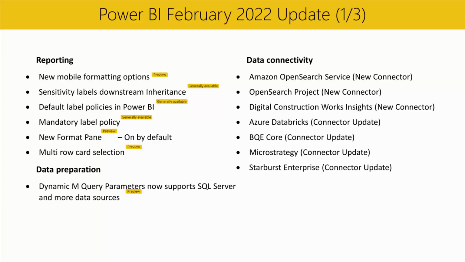Simply enter the project URL in the connector's configuration screen and click OK. We've also updated the Azure Databricks, BQE Core, Microstrategy, and Starburst Enterprise connectors. For more information on all of their new behaviours and bug fixes, check out the monthly release blog post linked in the video description below.